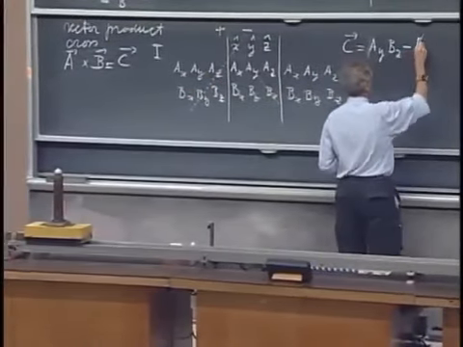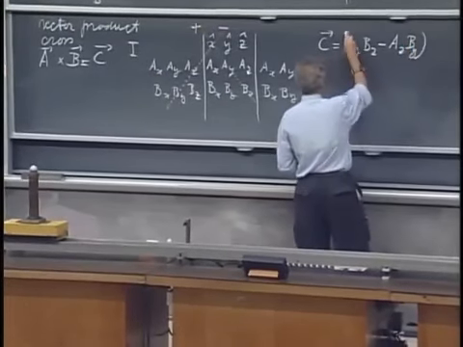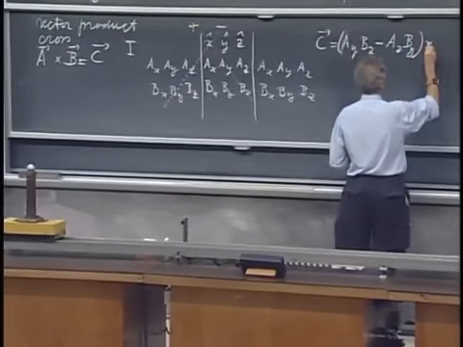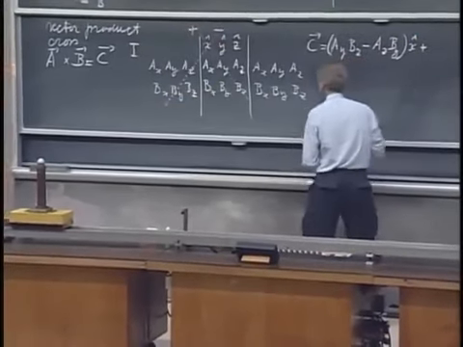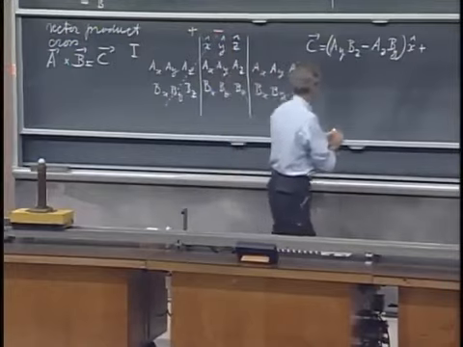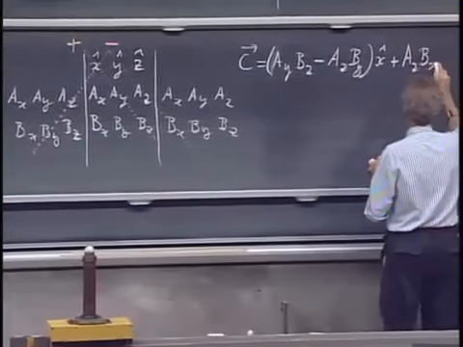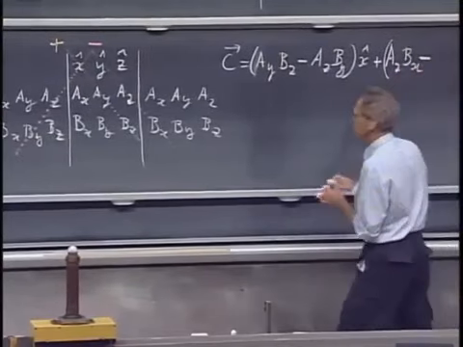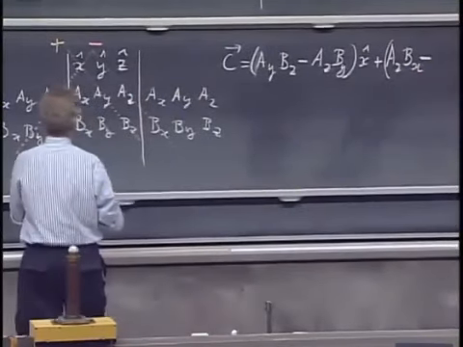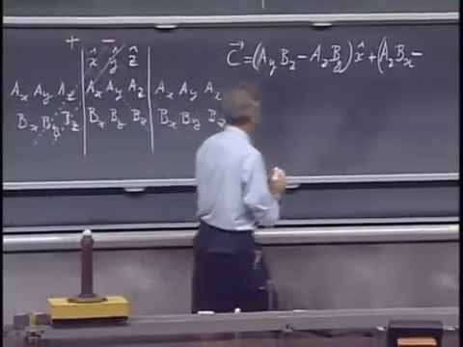So it is minus AZBY, and that is in the direction X. The next one is AZBX, minus this one, AXBZ.